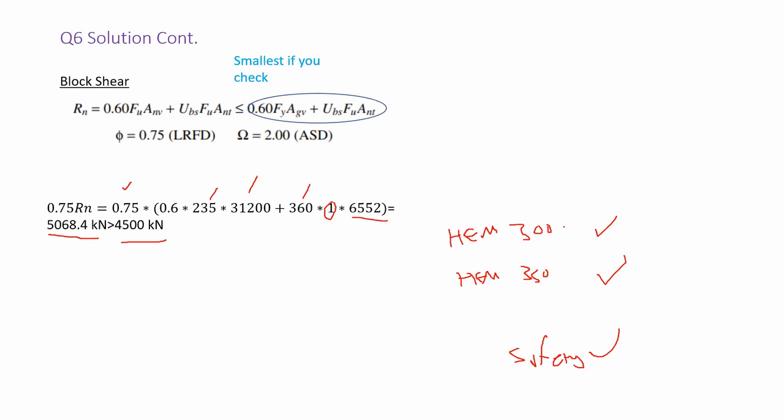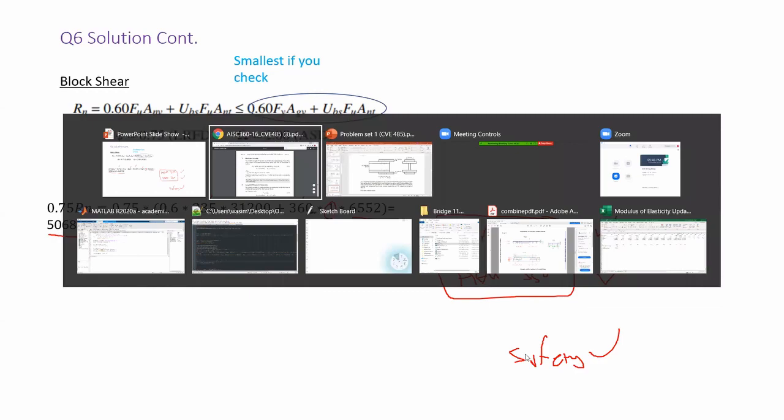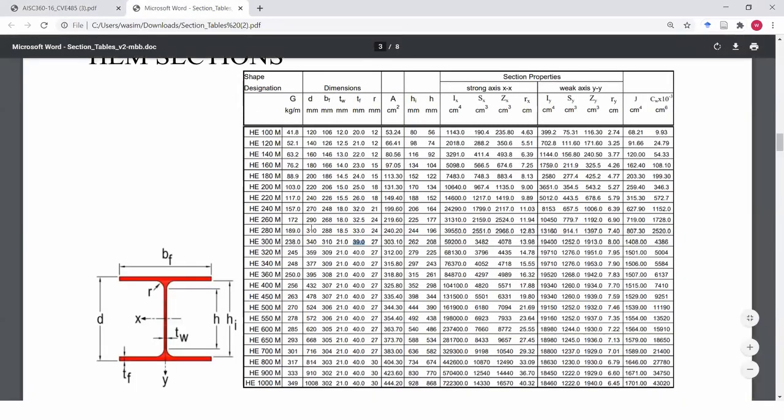Now, how do you do that? If these two satisfy our safety condition, we have to check from the sections table. We have HEM 300, for example, here. It is given to us in the first column that the weight is equal to 238 kilograms per meter.